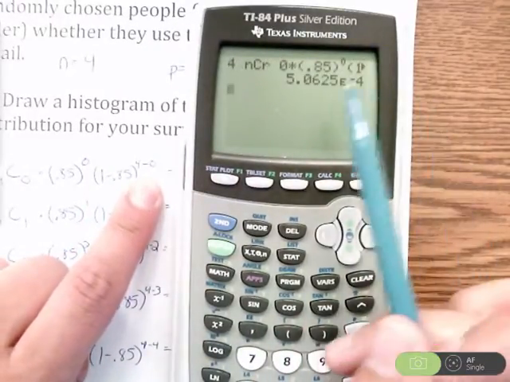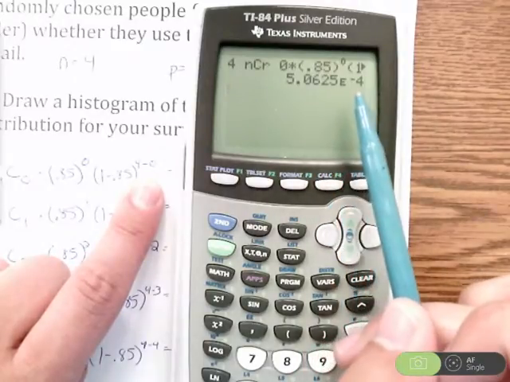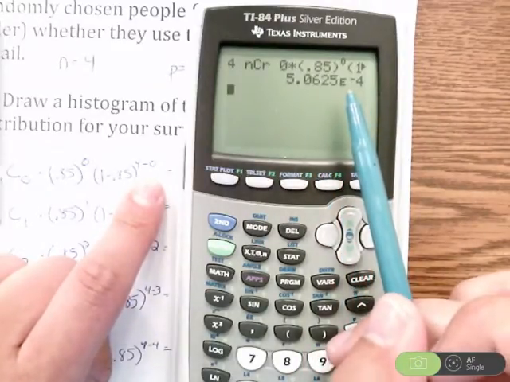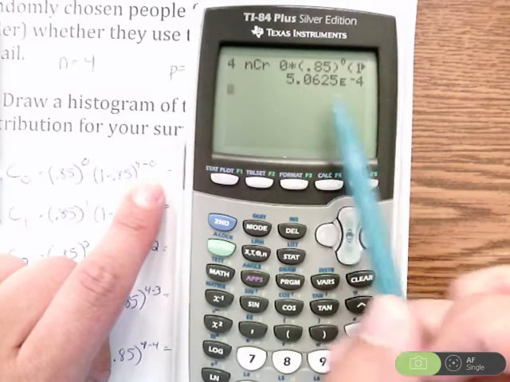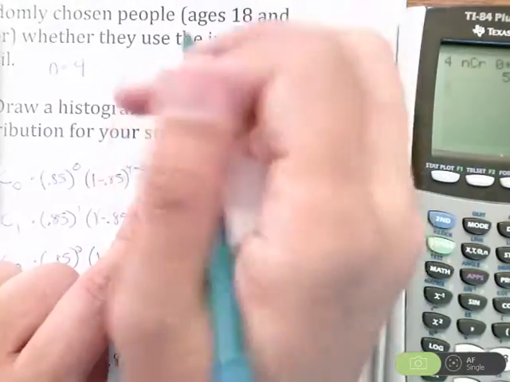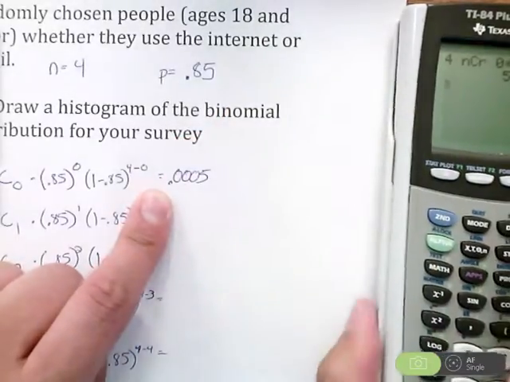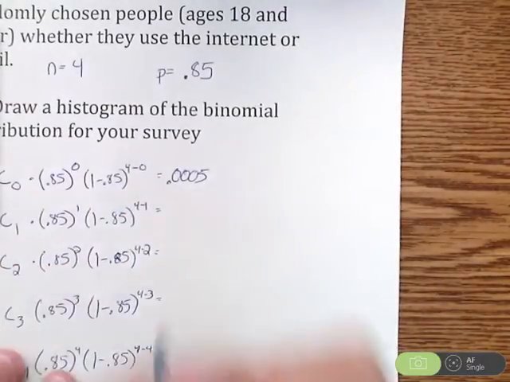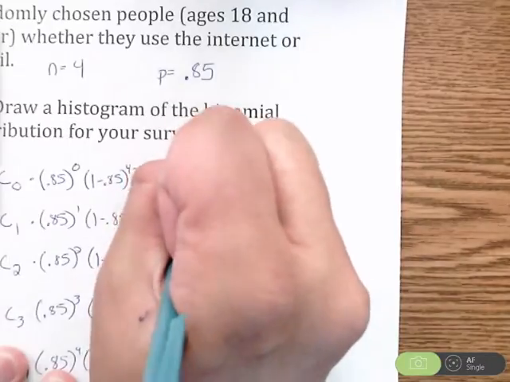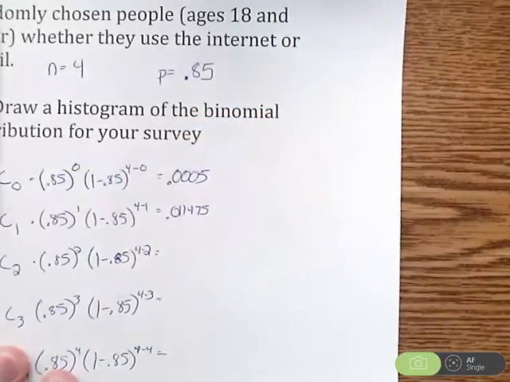And what we get is 5.0625 e to the negative 4. That is scientific notation telling you to move the decimal 4 places to the left. So we're going to get 0.0005. And that's how we do it in the calculator. I'm not going to do the rest of them, so it's going to be 0.011475 for this one.